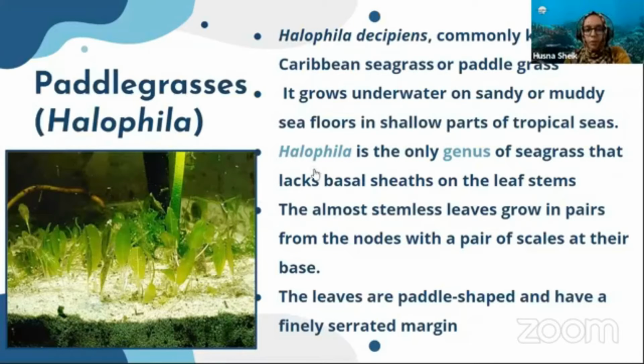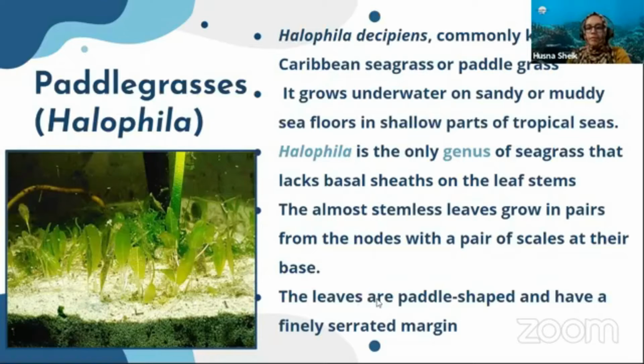They are almost stemless. Once we see them, they appear to be stemless. From the rhizome the leaves appear in pairs, so we only see the leaves, not the stem part, with a pair of scales at their base.